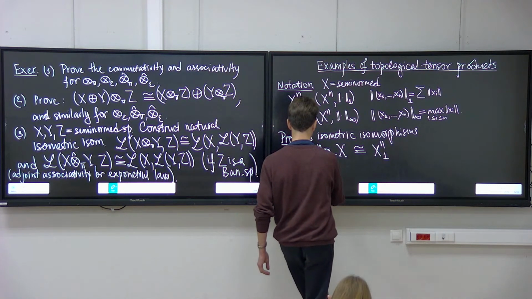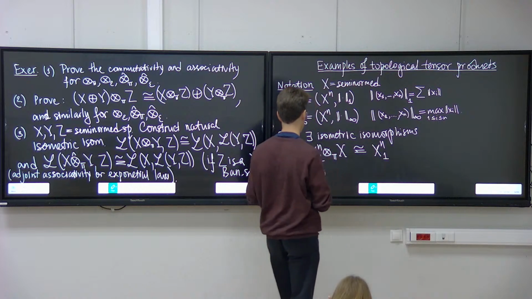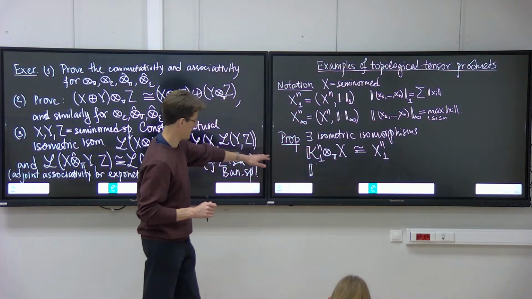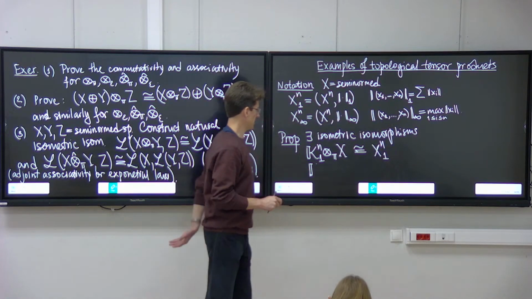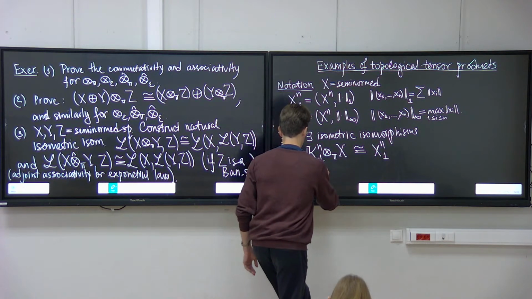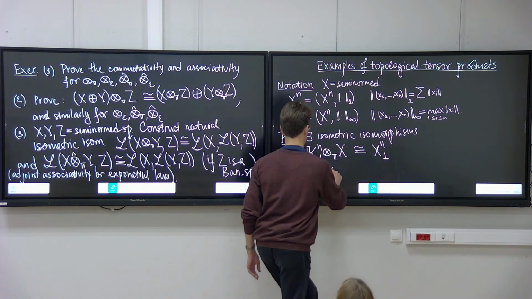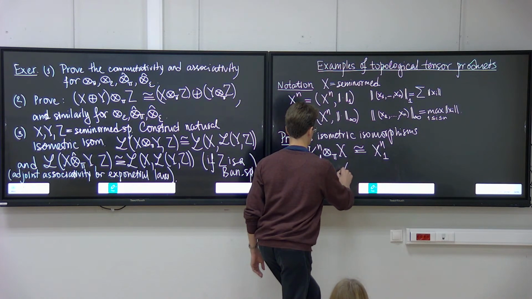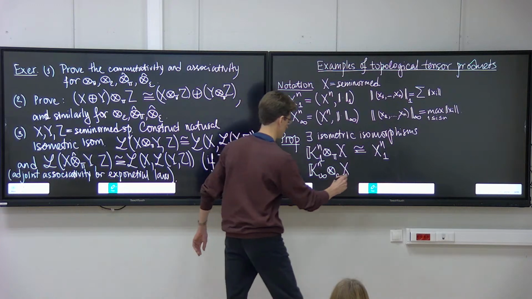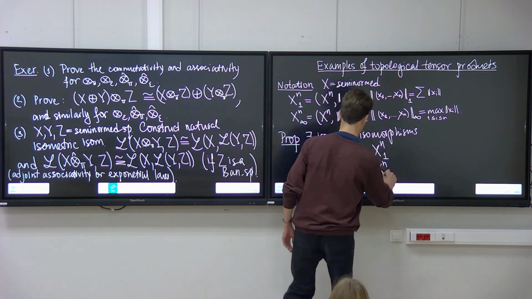If we take the injective tensor product, this is K^n_1; we equip K^n with the L1 norm of this form, and we get the following isomorphism. On the other hand, if we equip K^n with the L infinity norm and take the injective tensor product with X, what we get is X^n_infinity.